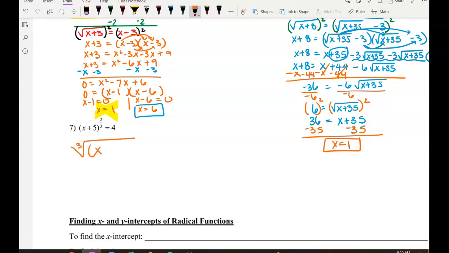So in here, students, we would have the quantity of x plus 5 to the second power equals 4. To undo this radical, what should we do? Yes. Okay, what's 4 to the third? 64. You guys agree with that?